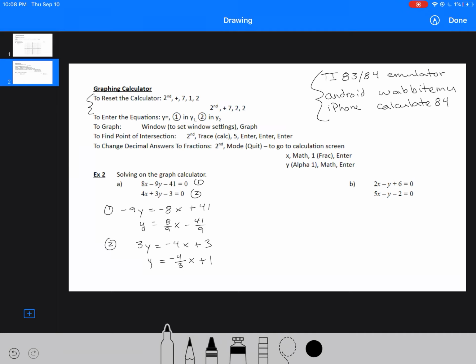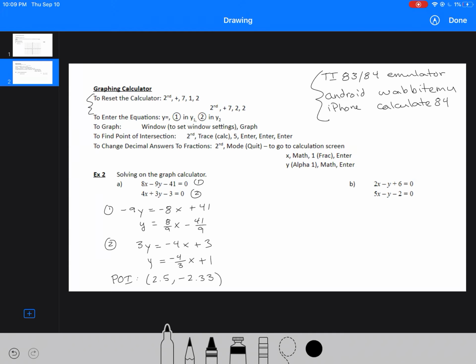And the two graphs should show up on your screen. Then your next step would be to find the point of intersection. So second, trace. Option 5 is what you are looking for. You then need to identify the two curves that you're using and then make a guess at where the point of intersection is. And then the calculator will spit one out for you. And you should get 2.5, minus 2.33.